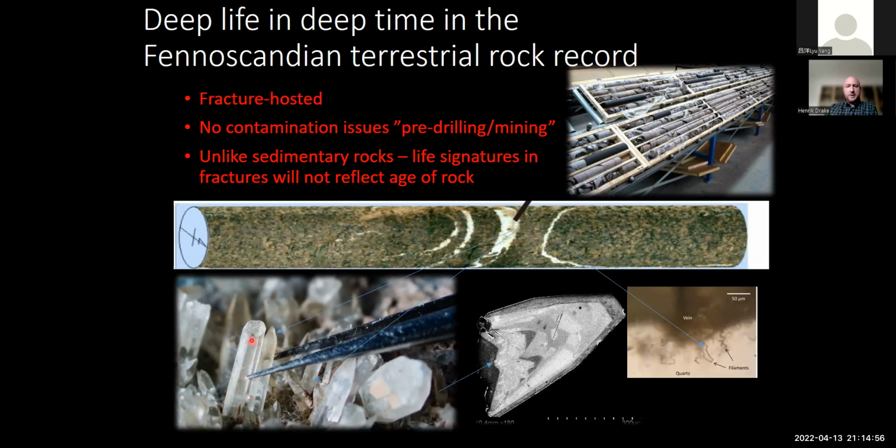And when we polish them to get a cross section, we can find these growth zones that might be up to 10 in number, and these reflect different geochemical environments, and might also reflect different episodic microbial processes that lead to precipitation, in this case into calcium carbonate.